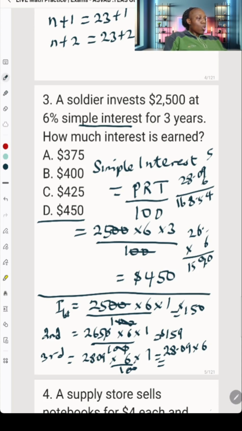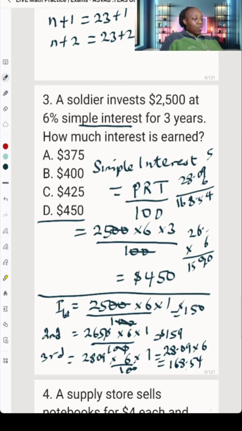So the compound interest for the third year is going to be 168.54.